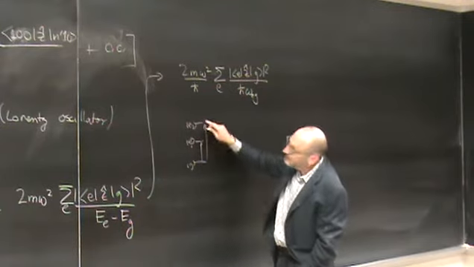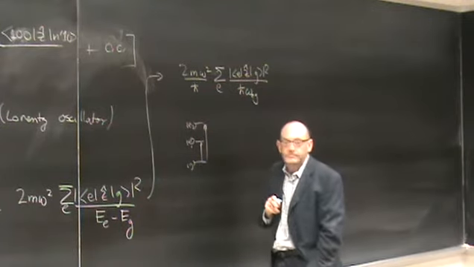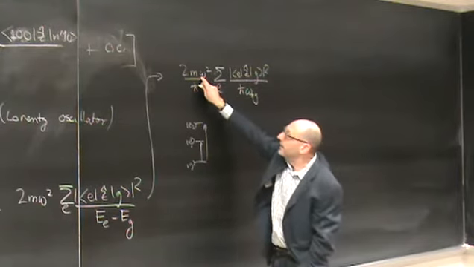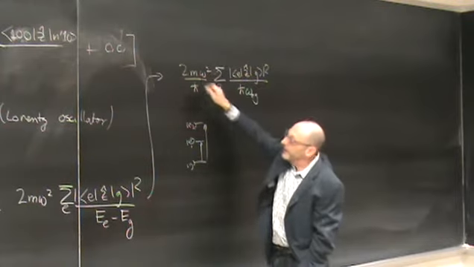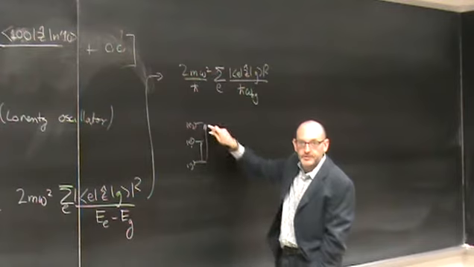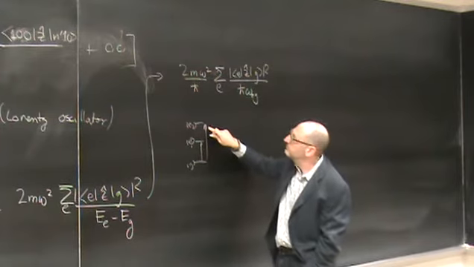I could think about these as different oscillators, and make a Lorentz oscillator, a charge on a spring, a harmonic oscillator that has the same resonance frequency as this transition.